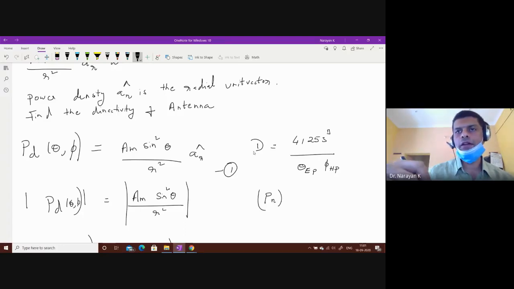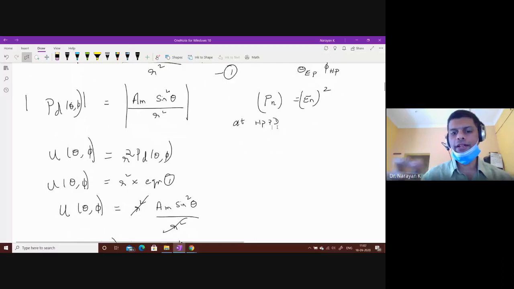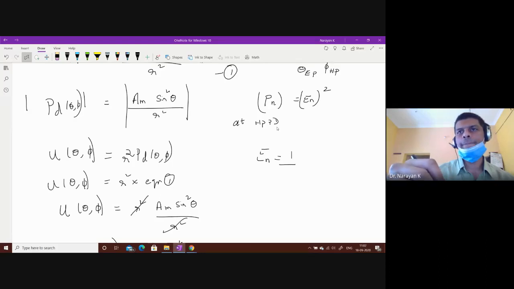Pn is nothing but your En square at half power point direction. At half power point direction, what is the value of En? Just now we have done 1 upon root 2. So what will be the value of Pn at half power point direction?